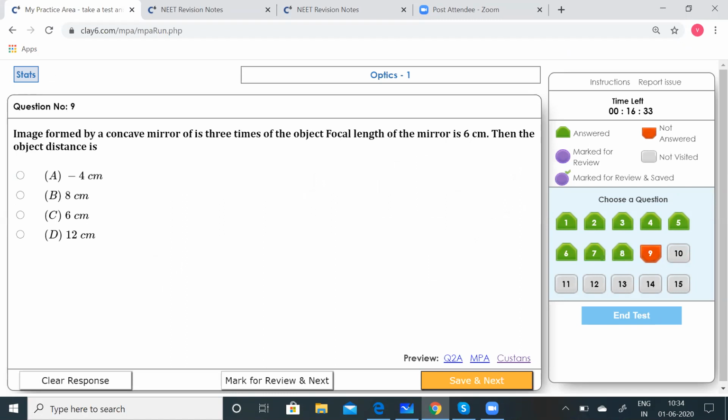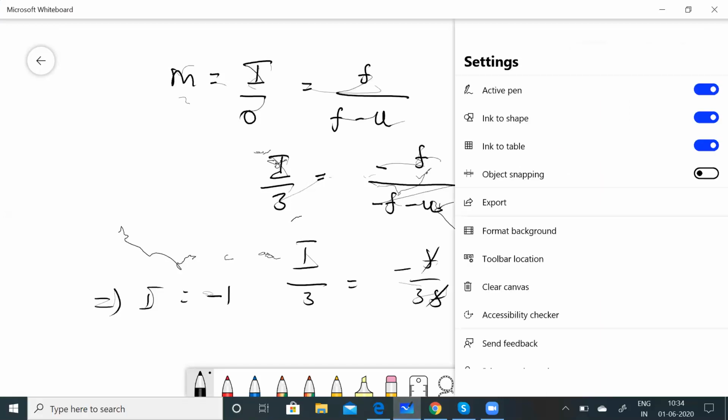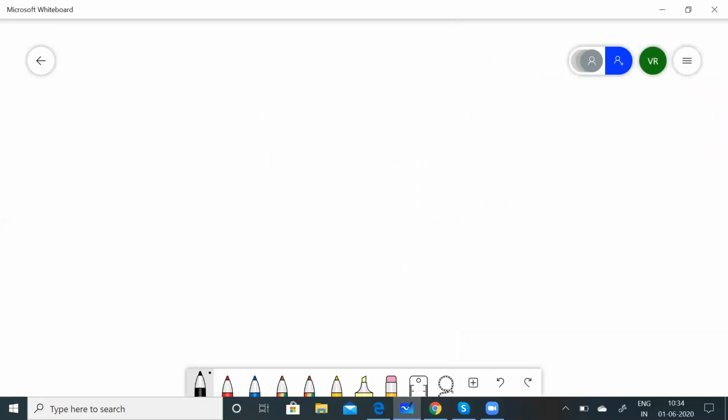Image formed by a concave mirror is 3 times the object. Focal length of the mirror is 6 centimeters, then the object distance is what? He has given you that the image is 3 times the object. All right. Image is 3 times the object, so the magnification can be taken as plus or minus 3.